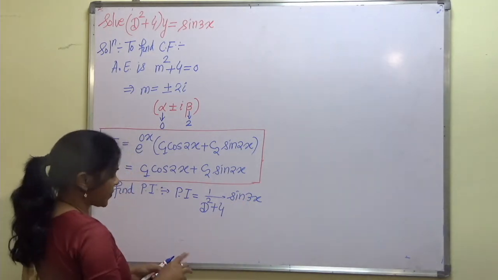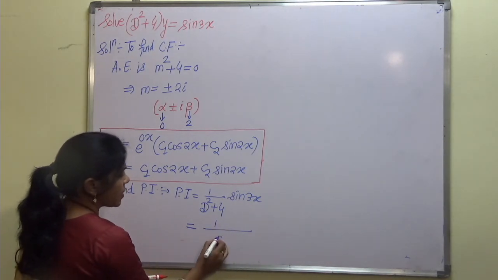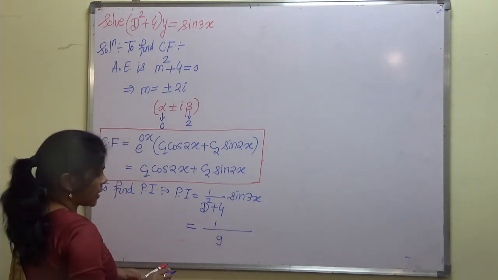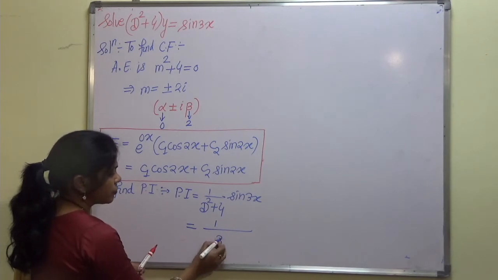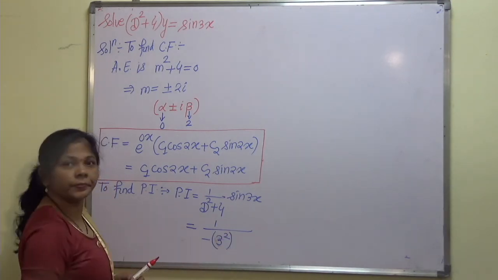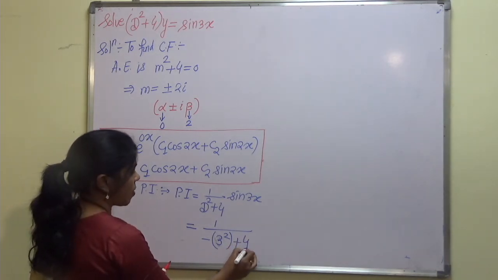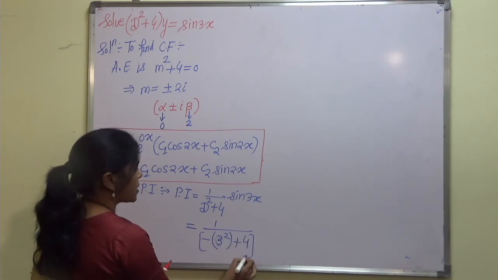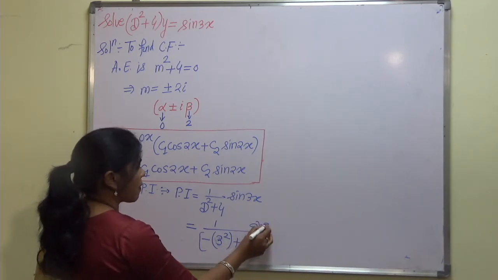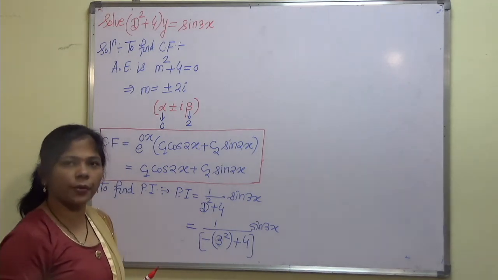A is 3, so 3 square is 9. And before that, just write a minus sign, plus 4, operating on sin 3x. This is according to case 2.